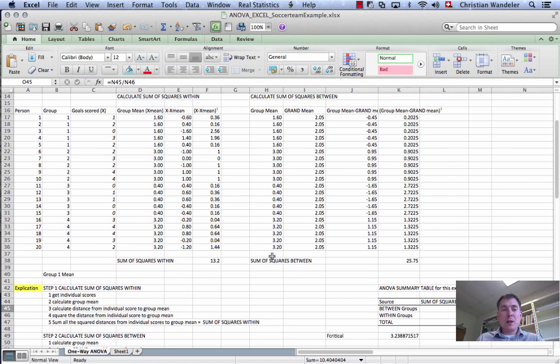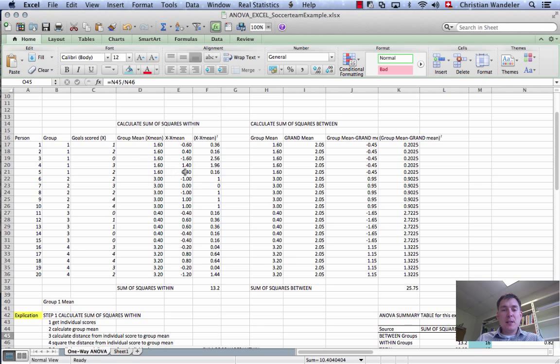So we know there's a difference somewhere. We can see one group has 1.6 goals, the other group has an average of 3 goals, then here I have a group with an average of 0.4 goals, and then 3.2 goals for the last team, right?